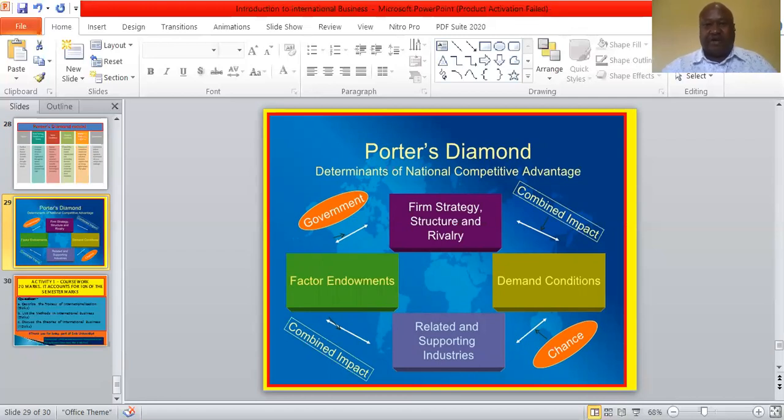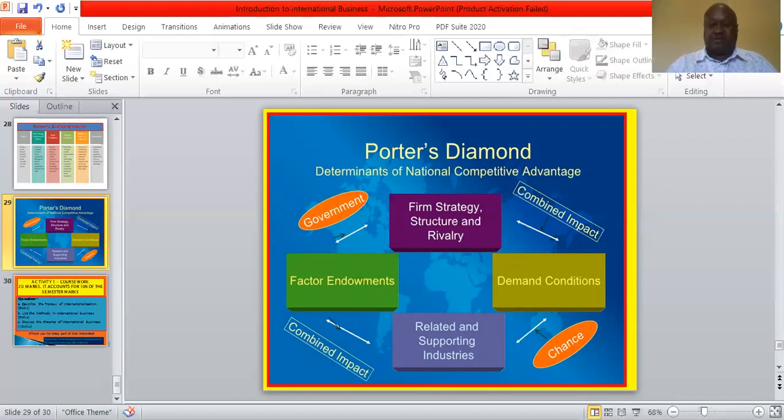Let's look at firm structure and rivalry. As you can see, the arrow is in both directions. It's the combined impact of demand conditions, the chance of the company, related supporting industries, factor endowment, then government involvement to catalyze the production.